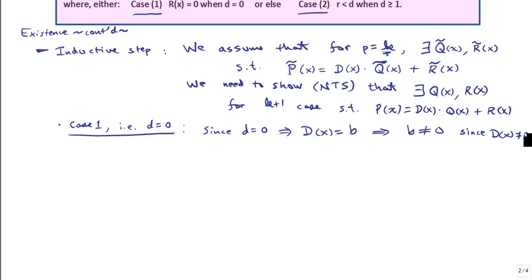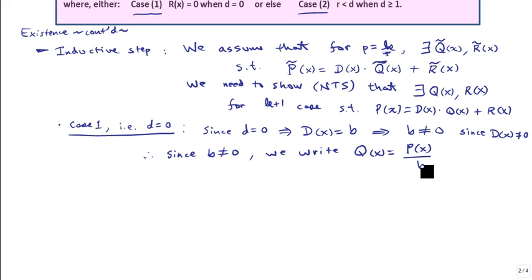Okay? Now, therefore, since b is different than 0, we write the quotient polynomial as just the polynomial of interest divided by b.